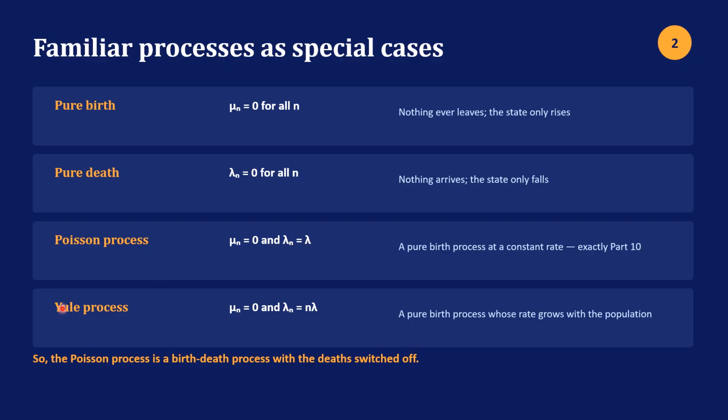Then there's something called the Yule process, where the death rate is 0 and the birth rate is fairly simple. It's just n times a constant. So the birth rate grows as the population grows.